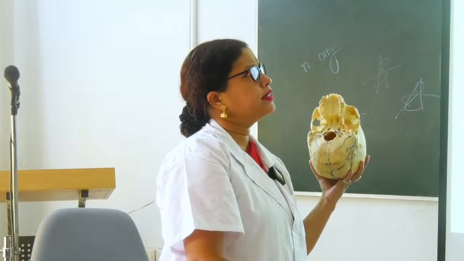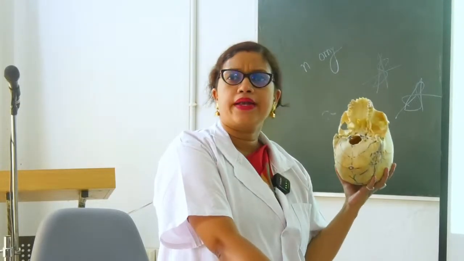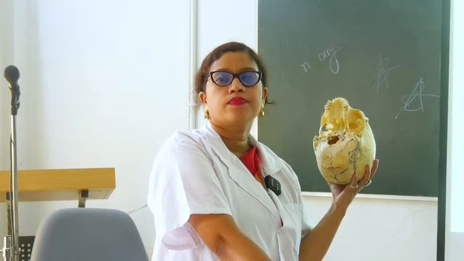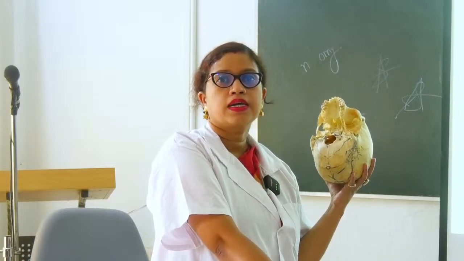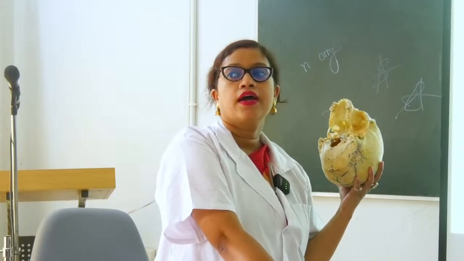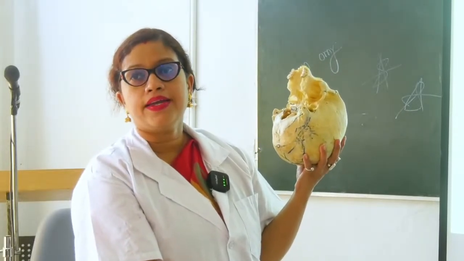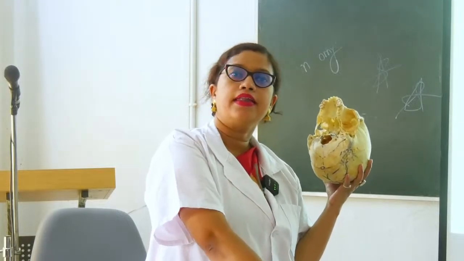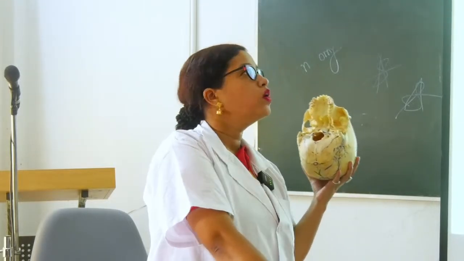Then next one is the greater and lesser palatine foramina. Now tell me, which thing will pass? Write it down. Greater palatine artery and nasopalatine nerve. Remember, one is the greater palatine artery and the other is the nasopalatine nerve.